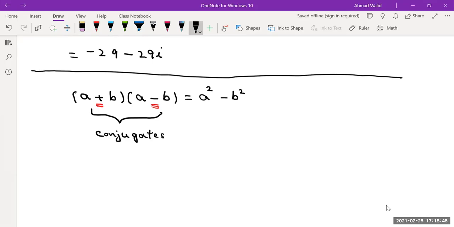Correct? a plus b and a minus b are called conjugates of each other. a plus b is the conjugate of a minus b, and a minus b is the conjugate of a plus b.